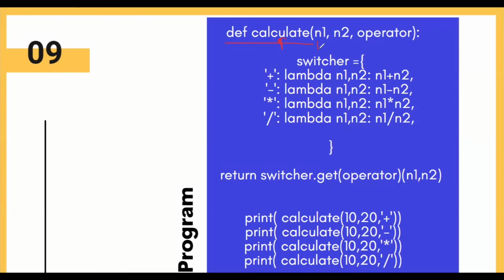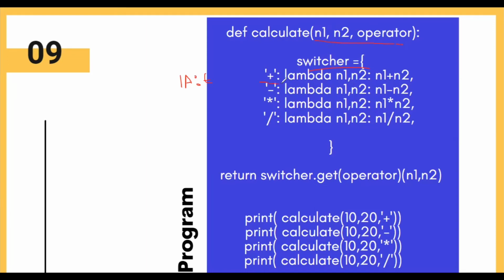Here we have passed the arguments n1, n2 and the operator. Operator will pass either addition, subtraction or whatever operation you need to perform. Then we are going to define switcher, and in the switcher, according to the syntax, there is lambda, arguments, and then you write the expression.